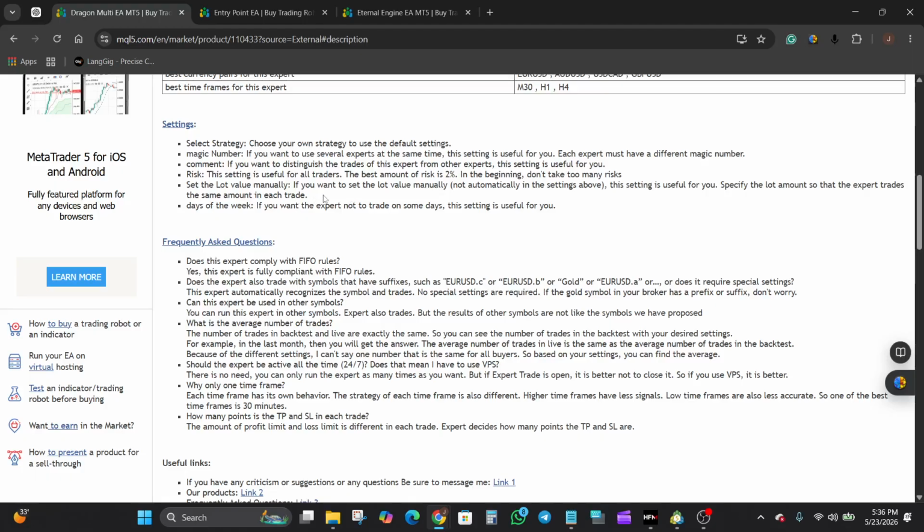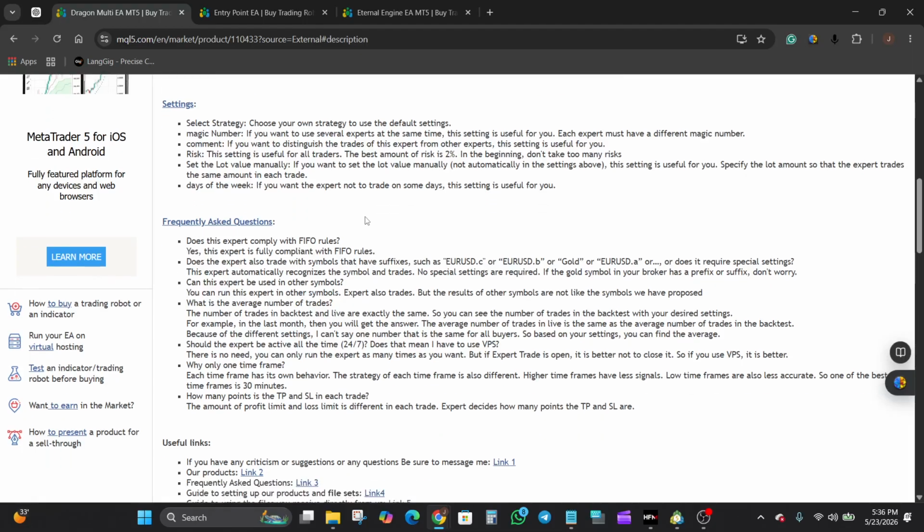So there's also support for separate magic numbers and trade comments, which becomes useful if you are running multiple EAs simultaneously on the same account. Another detail worth mentioning is that the developer says the EA automatically recognizes symbols even if the broker uses prefixes or suffixes. So traders shouldn't need additional symbol configuration for most broker environments.